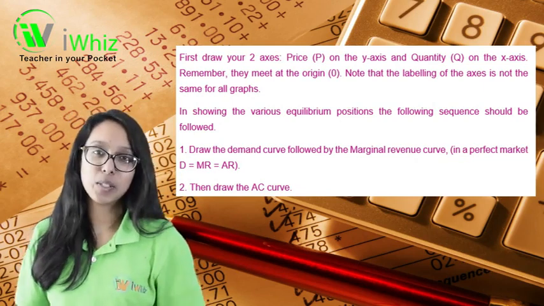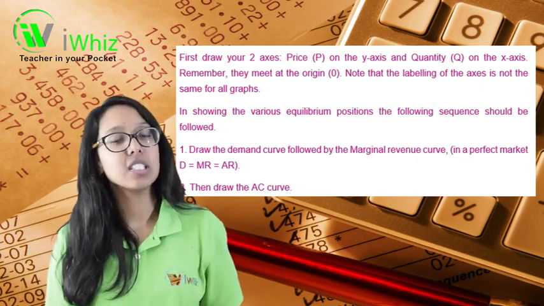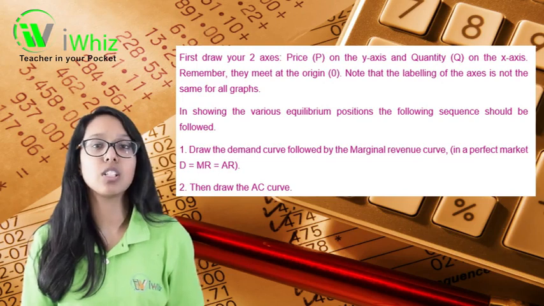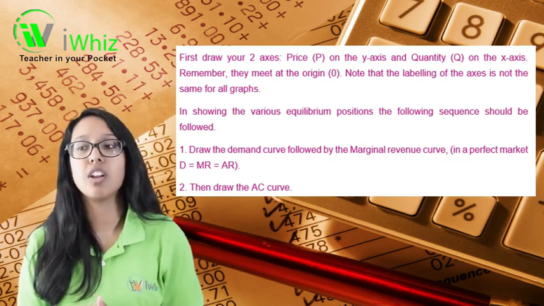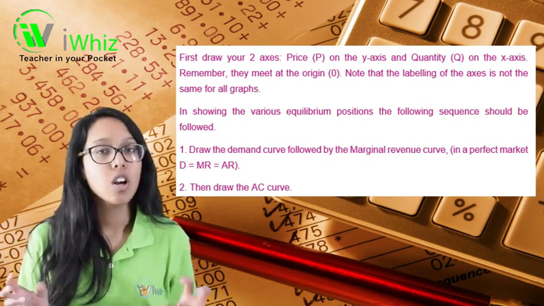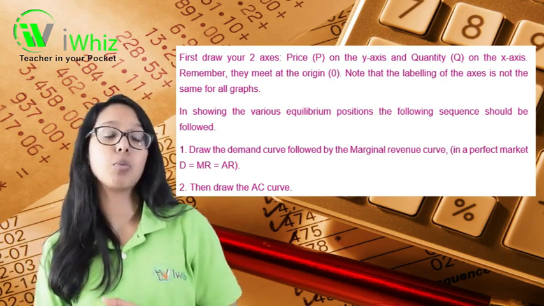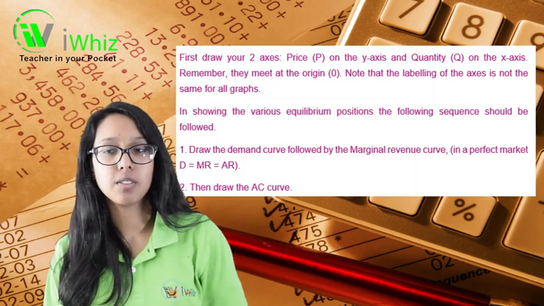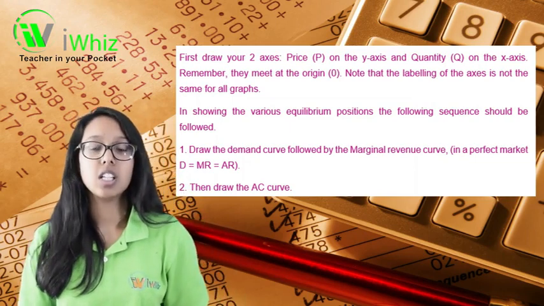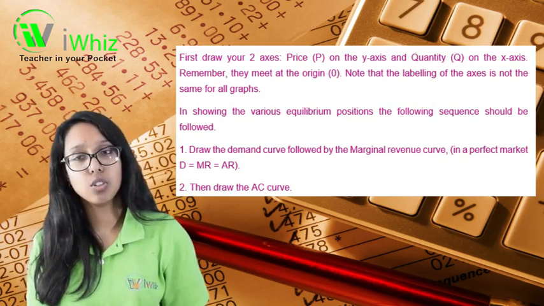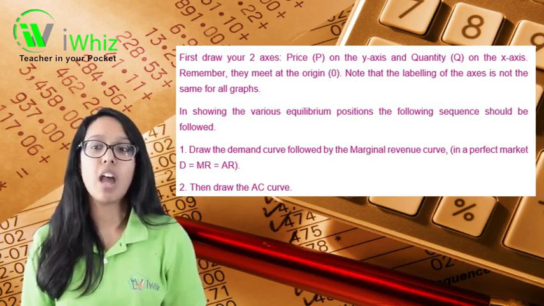In showing the various equilibrium positions, the sequence that you should follow is, firstly, you need to draw the demand curve, followed by your marginal revenue curve. That would be in your perfect market. Remember, that would be your perfect market with perfect competition, where your demand curve is equal to your marginal revenue, which is equal to your average revenue.